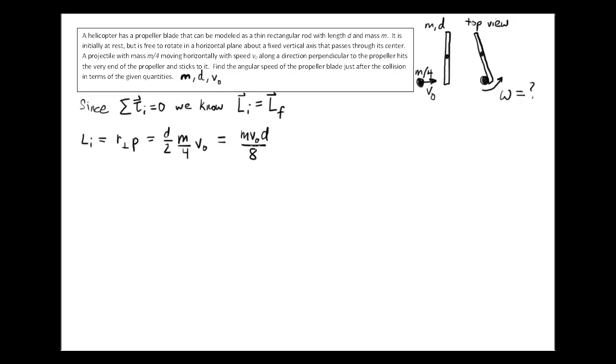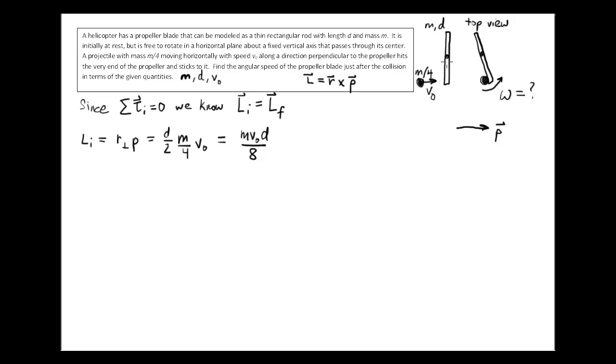And let's get the direction associated with it. Once again, the direction is in the direction of r cross p. Remember that angular momentum in the vector form is r cross p. So for this object here, I'll draw a sketch over here. It's got a p vector, which is in the direction of the velocity vector to the right. The r vector is from the rotation axis to where the point is.